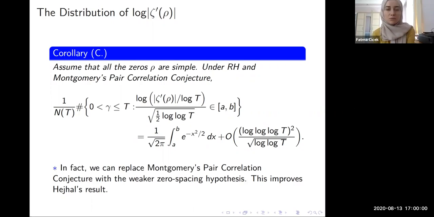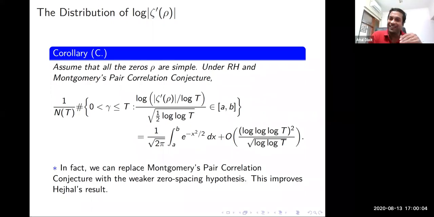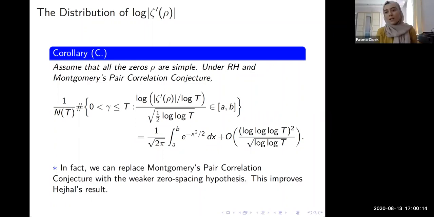Okay, nice. And this you are able to get very easily from your general result, right? You take v equal to 0 and then you let u tend to 0, and that nicely gives the zeta prime at rho. Yeah, that was a bit of a surprise of this.